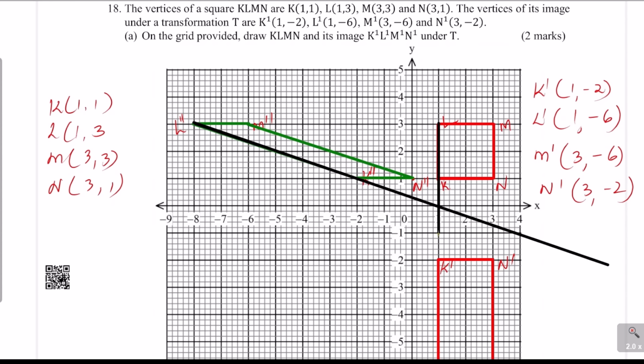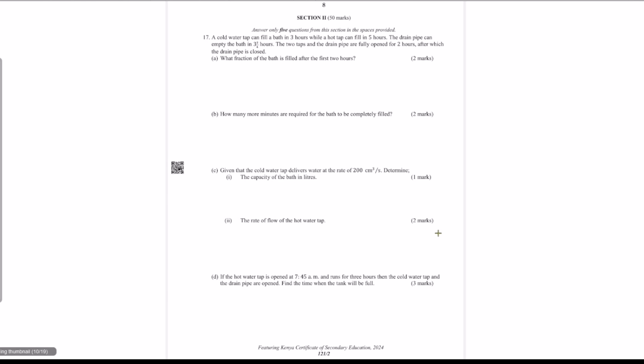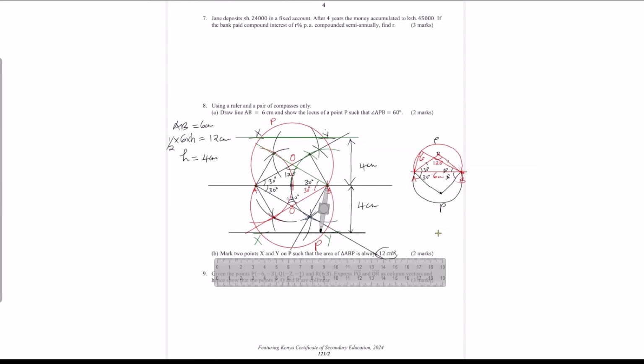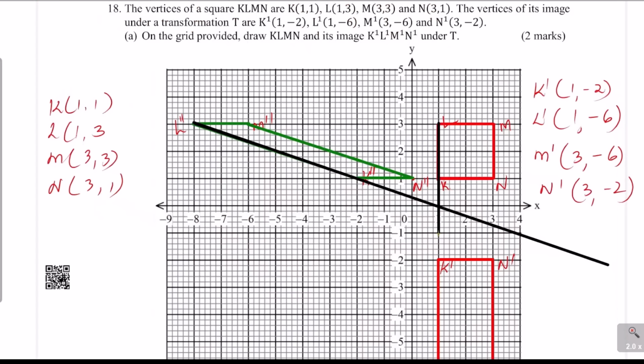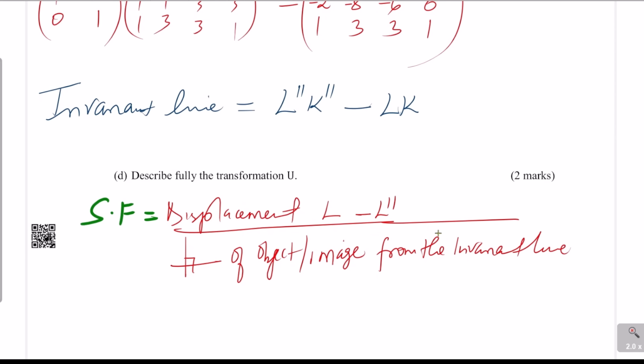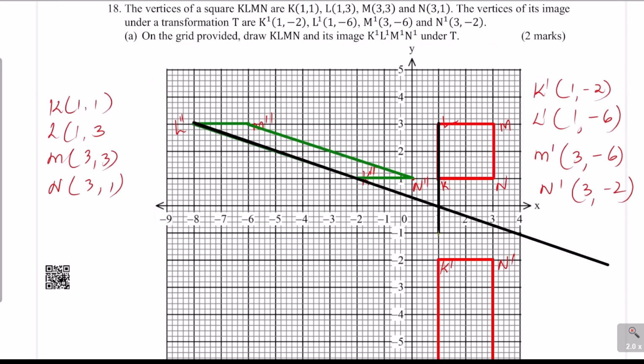Where are the two lines meeting? Look at those two lines, L double prime, K double prime, and LK. I've started by drawing L double prime, K double prime, extending it, then LK, extending it. Where do they meet? The two are supposed to meet on the invariant line. They're meeting here, and they're meeting on the invariant line.